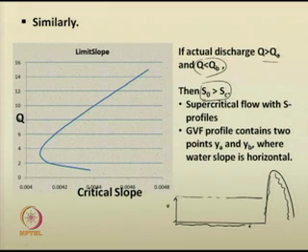Initially, if this is your normal depth and this is the critical depth line, then your profile initially will be in the following form up to a certain location TA.